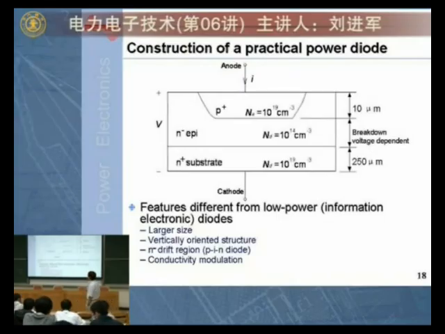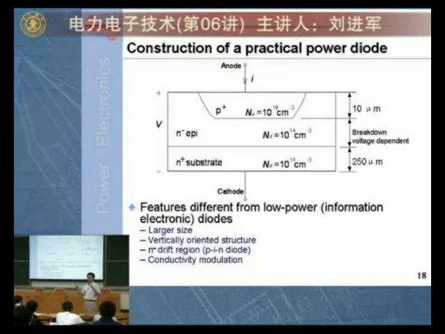Okay? Of course, it has larger size, it has vertical oriented structure, but now you have an intrinsic semiconductor layer between P and N. And we know this intrinsic semiconductor layer is very similar to an insulator, right?